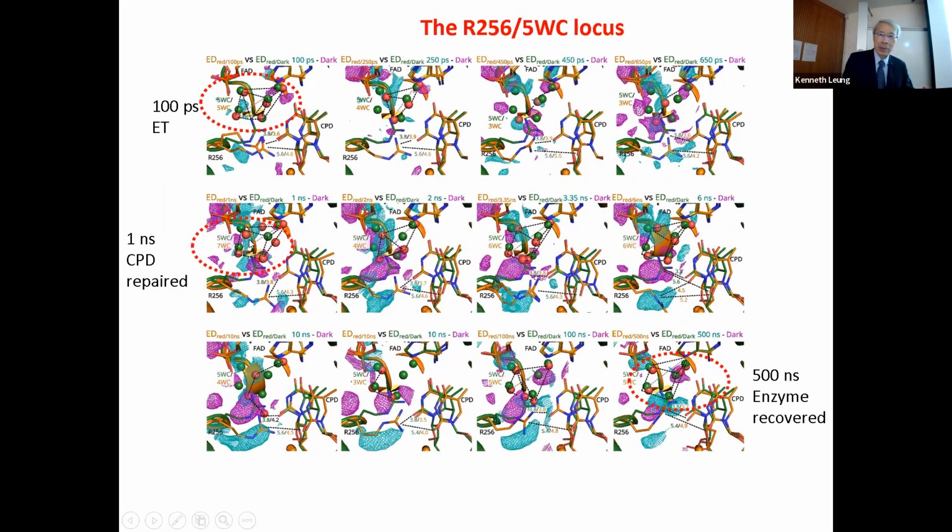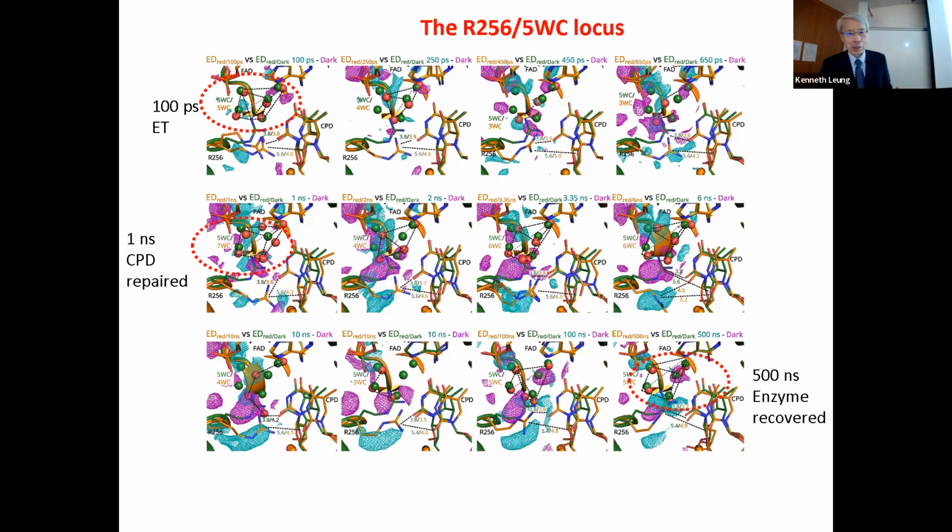So what happened is, at the beginning, when the enzyme is resting, there's a structure, and then the active site residues, in this case the water or arginine, started to perform functions and perform chemistry.